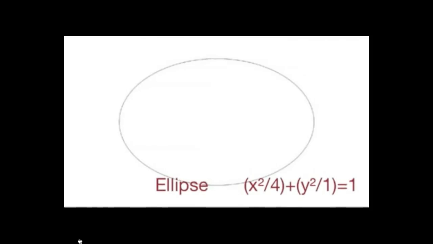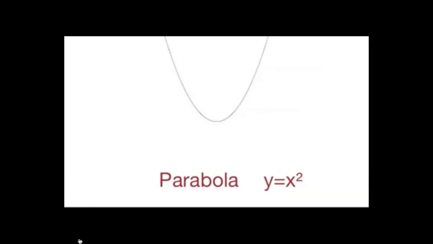An ellipse when the plane intersects one of the cones but is not perpendicular to the axis. A parabola when the plane intersects one of the cones but is not perpendicular to the axis.